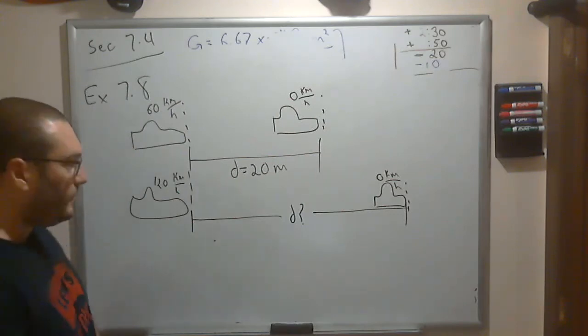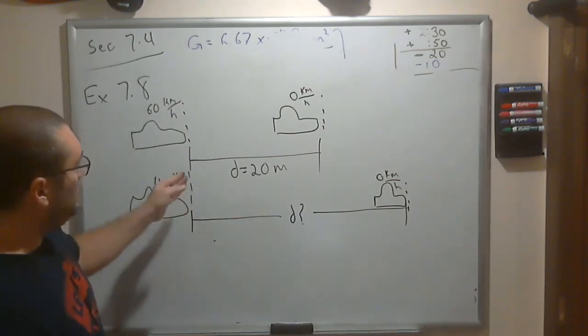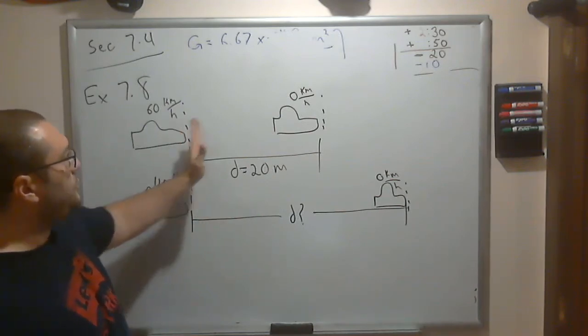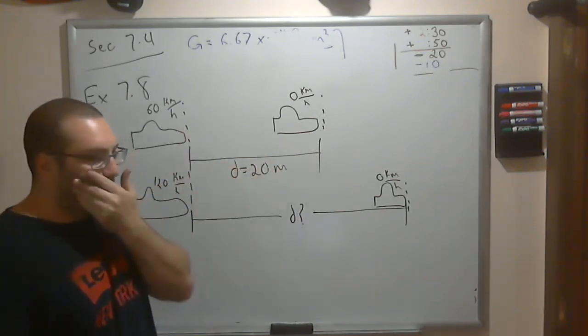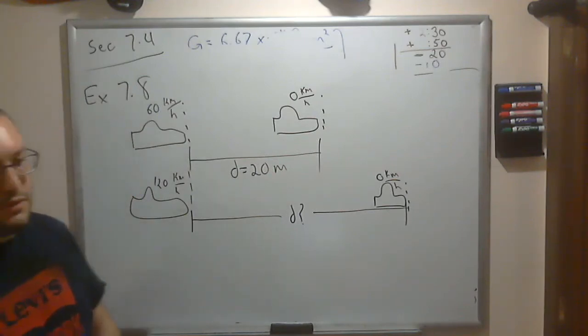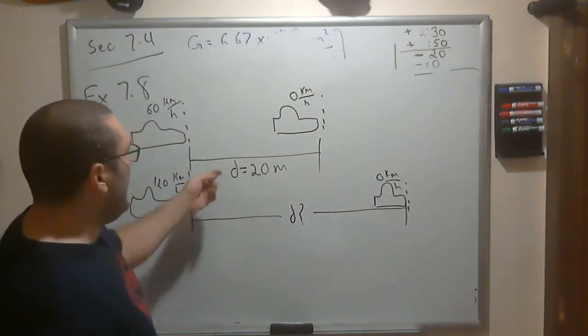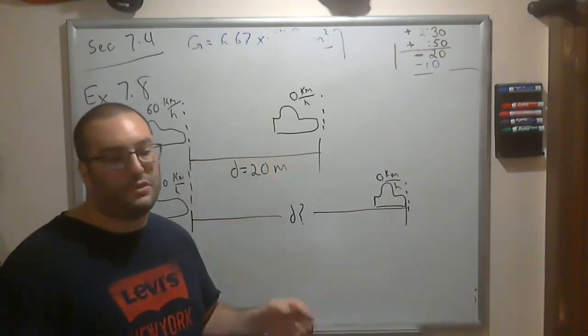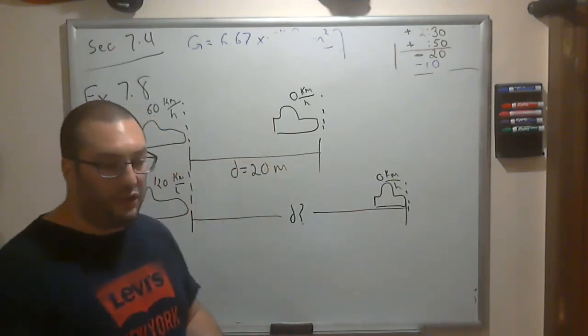Well, what we want to do is figure out how much work is done on this car to slow it down to here, right? Then we can figure out the force, the deceleration force.